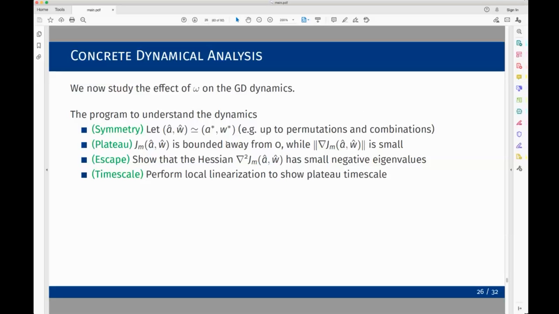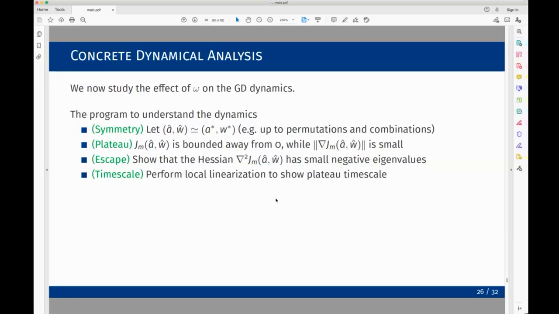And then we can show that at this kind of well approximated short memory part, the function value of J is bounded away from 0, while the gradient is quite small. So that explains the plateau phenomena.